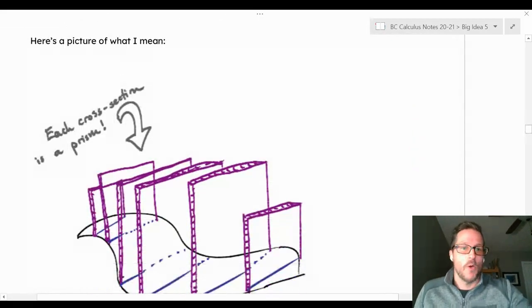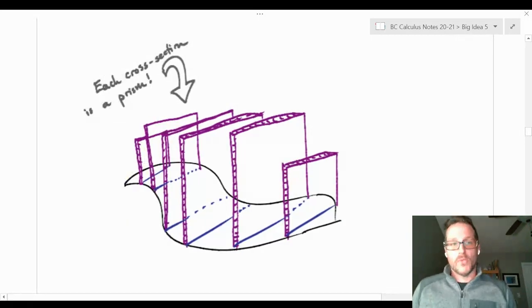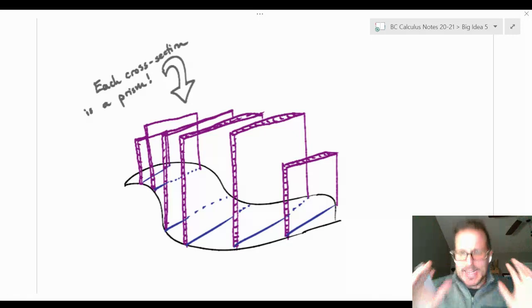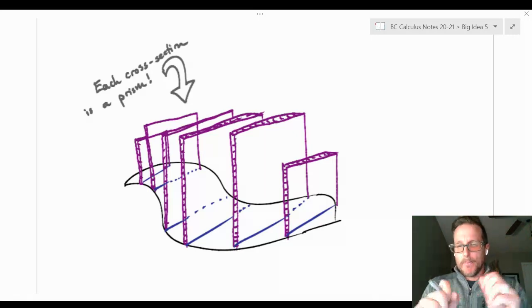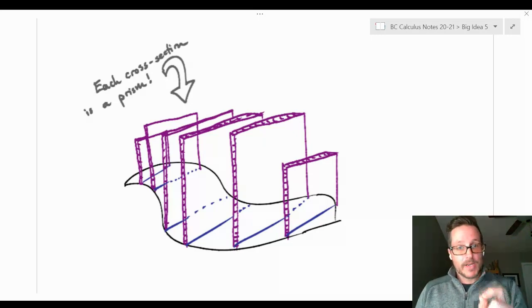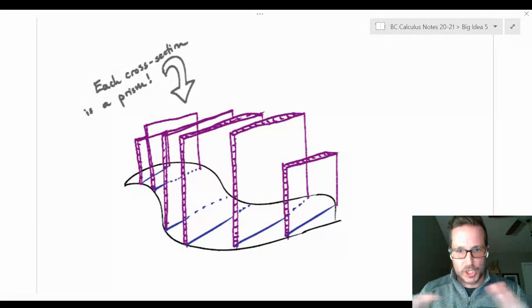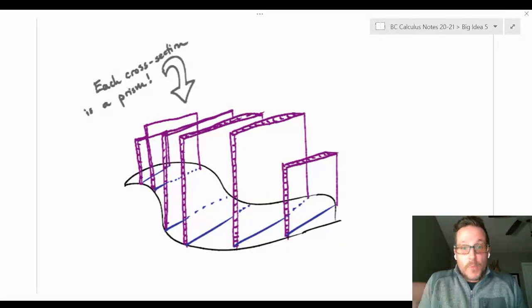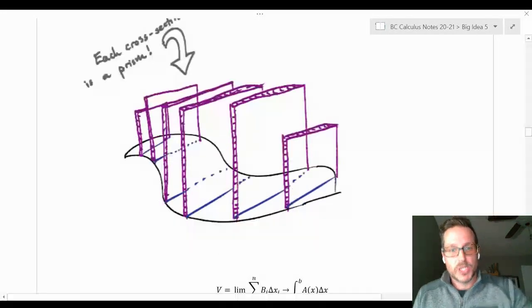Oh my gosh. Okay, so here comes a little picture. Here is a really weird looking loaf of bread, but each little tiny slice, each little bread slice, is a prism, where the thickness is really tiny, a change in x, and then whatever that base area, geometry, shape is, we could calculate the volume of each prism if we knew how to come up with the area of that cross-sectional shape.